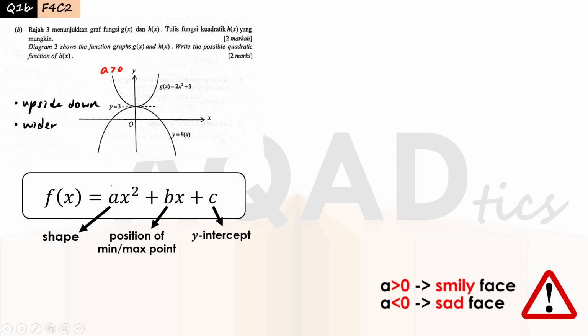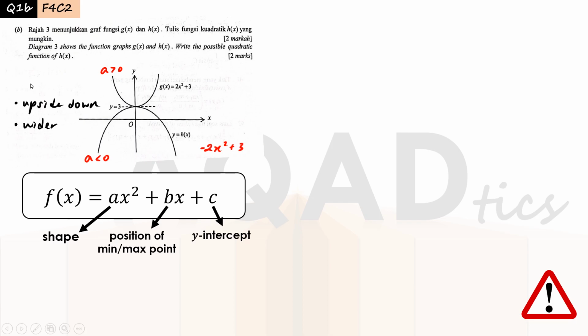But if it's a sad face, then A is negative or A is less than 0. So we have found out the value of A already. So we can use this as an example. We change the value of 2 here, the positive 2, to become negative first. Alright? At least we change the A to become negative. Alright, so we have done this one.